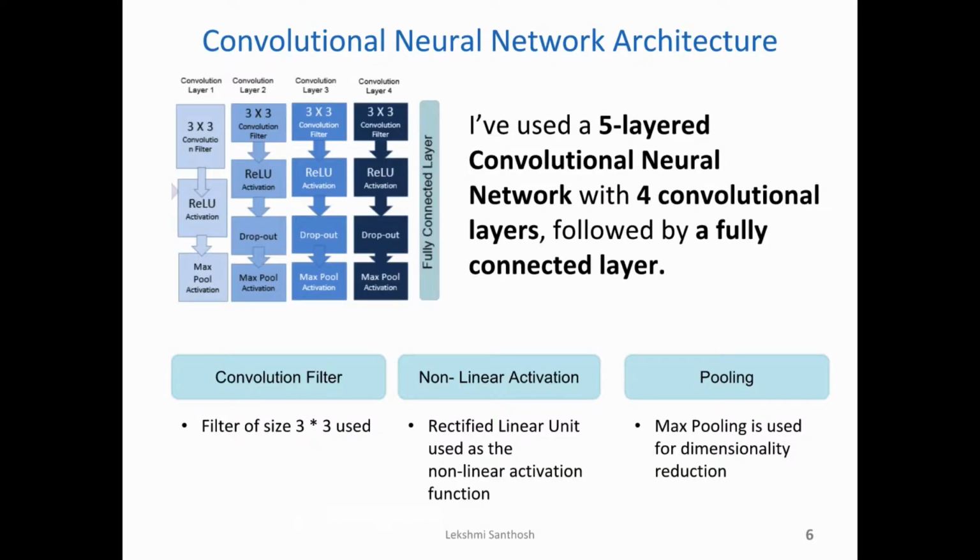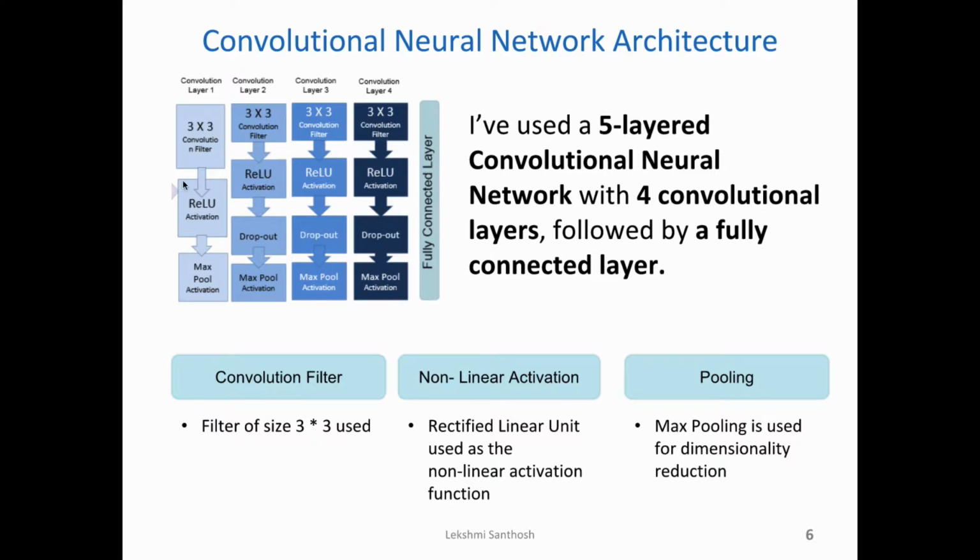Now, once we have those spectrograms ready, they are all set to be passed to our 5-tier convolutional neural network, which has 4 convolutional layers and 1 fully connected layer. Now, the design for all the 4 convolutional layers is very similar.